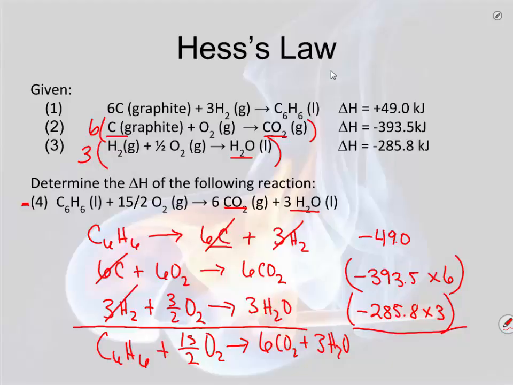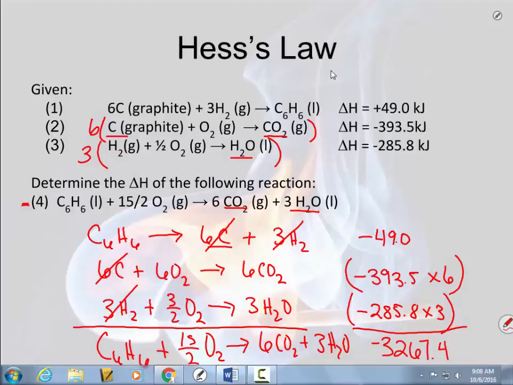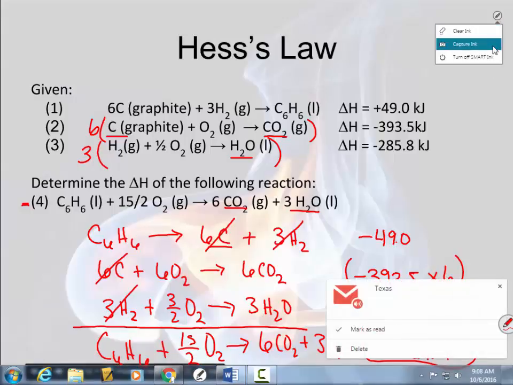I'm going to get an answer of negative 3,267.4 kilojoules. So that's all Hess's law is. Okay, so on your homework today, you're going to have to do a couple more of these. So let's talk about the other way we can calculate delta H.